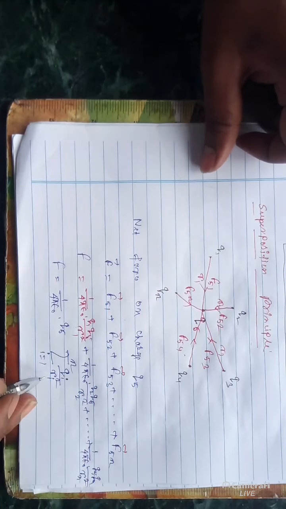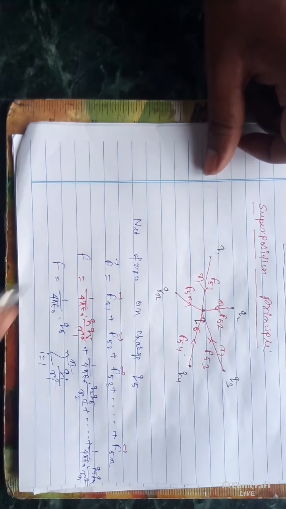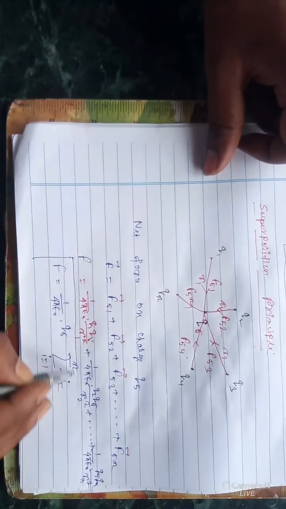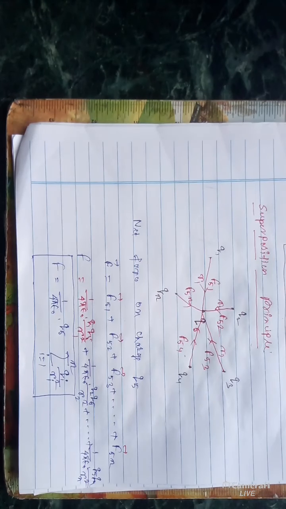Check once again. If we put 1, then Q1 R1. If you put 2, Q2 R2, up to Qn Rn, obviously. So this will be the superposition principle of electrostatic force. Clear? Okay.